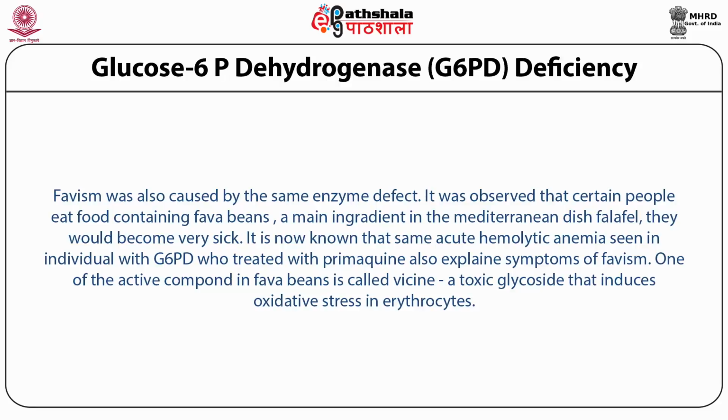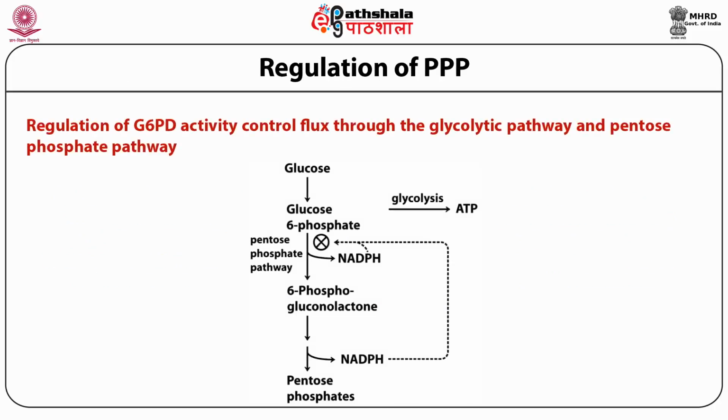It is now known that the same acute hemolytic anemia seen in individuals with G6PD deficiency who were treated with primaquine also explains the symptoms of favism. One of the active compounds in fava bean is called vicine, a toxic glycoside that induces oxidative stress in erythrocytes. The following figure shows the regulation of PPP.